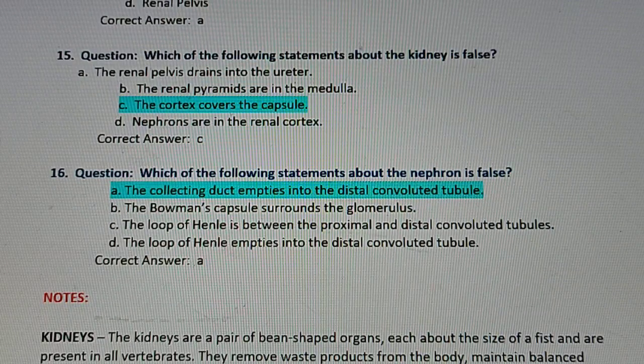C, the loop of Henle is between the proximal and distal convoluted tubules. Yes, that's correct. The loop of Henle empties into the distal convoluted tubule. That is true as well. The only answer here that is false is letter A. The collecting duct empties into the distal convoluted tubule. That is false. So the correct answer is letter A.